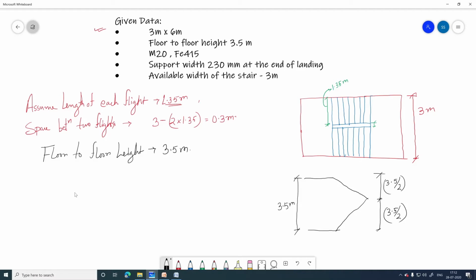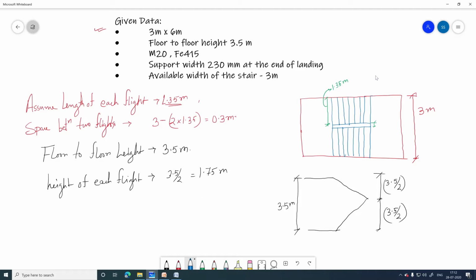So here you can write, height of each flight is 3.5 by 2, that is 1.75 meter, right? Now we consider the height of each riser is 150 mm.